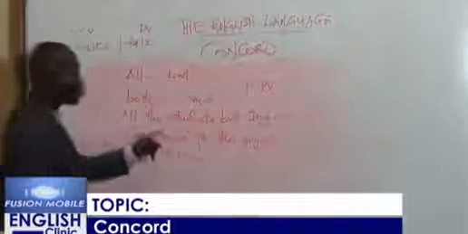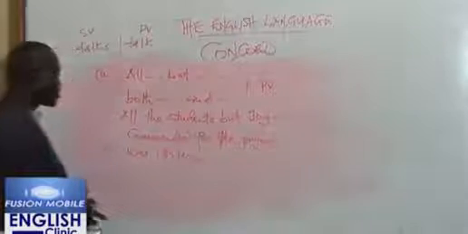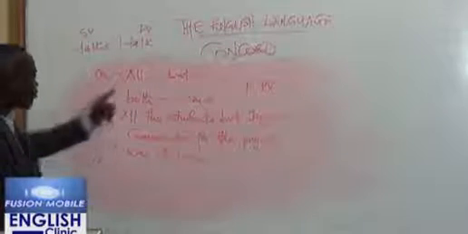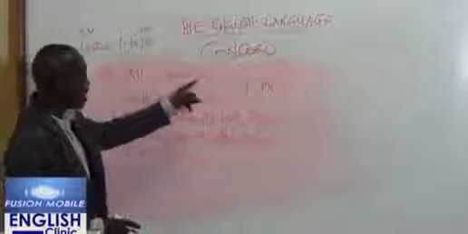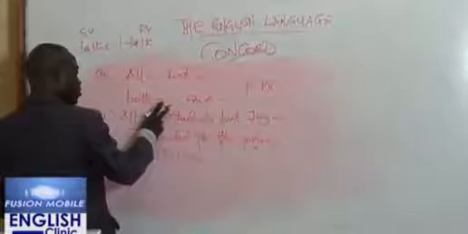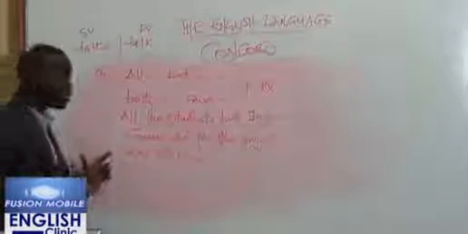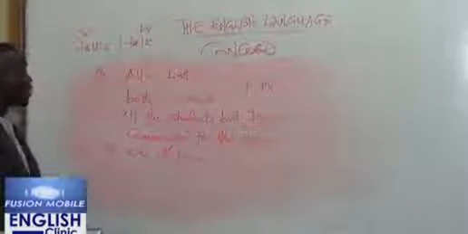A, we have "was". B, we have "were". All the students but Joy dash commended for the project. Now remember we said whenever we have all dash but dash, it will take a plural verb. So we have all the students but Joy. Students is plural, while Joy is singular. So the verb must be "were". All the students were commended. Only Joy was not commended. So the answer is "were". All the students but Joy were commended for the project.